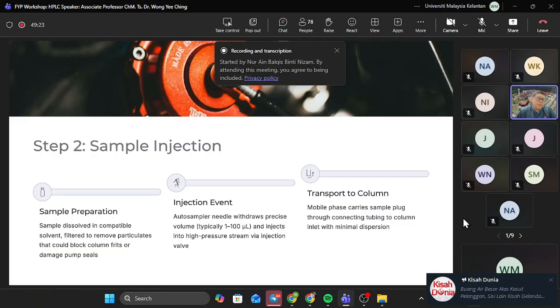This is what I've been using. The sample will be allowed to flow into the column before it comes out into the detector. This is also controlled by your mobile phase, before it is eluted out through your carrier, besides your stationary phase.